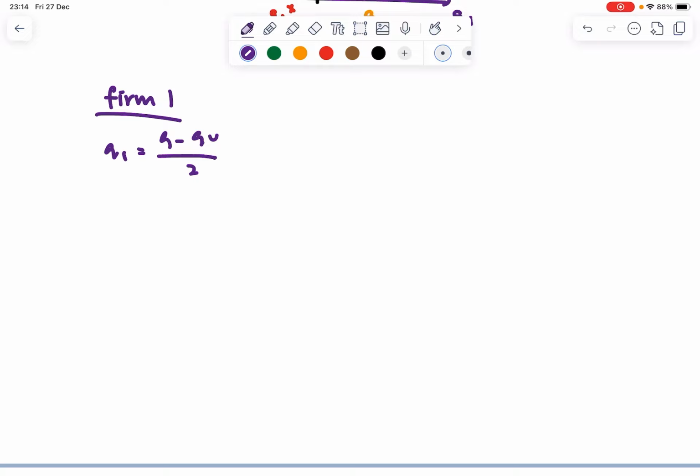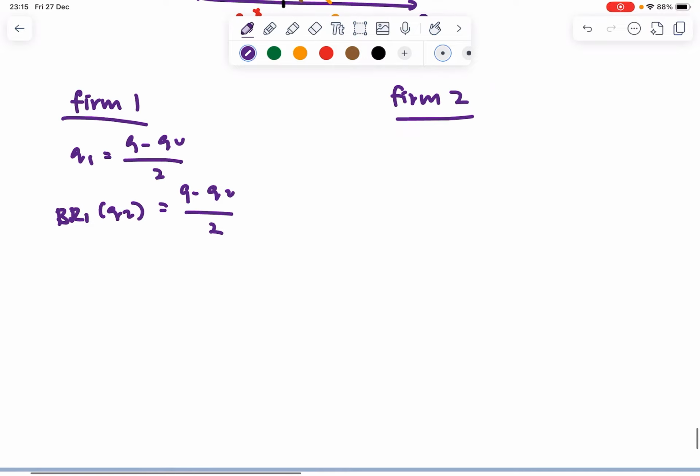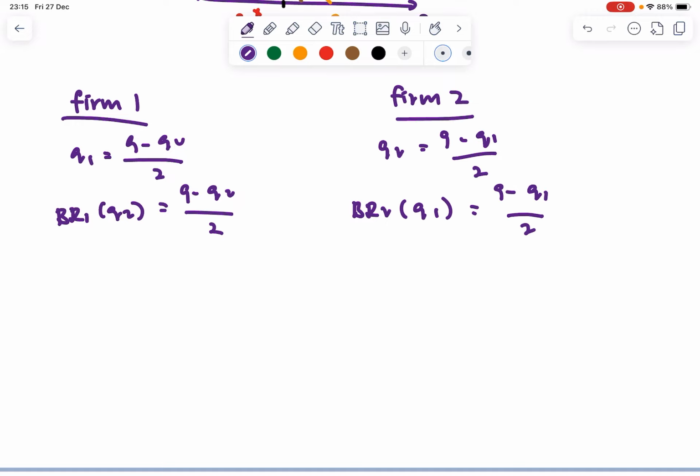The best response function of 1 as a function of Q2 is 9 minus Q2 over 2. Now we develop the analytical solution. For firm 2, we know that the best response of Q2 is 9 minus Q1 over 2, so the best response function of 2 given Q1 is 9 minus Q1 over 2.